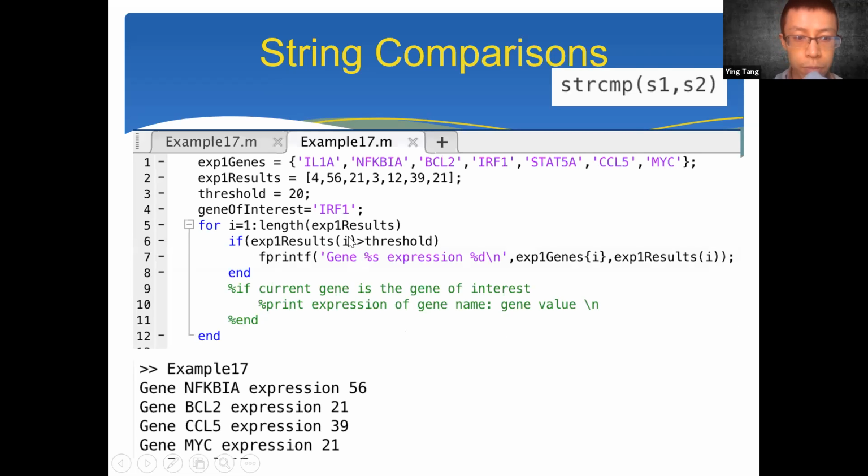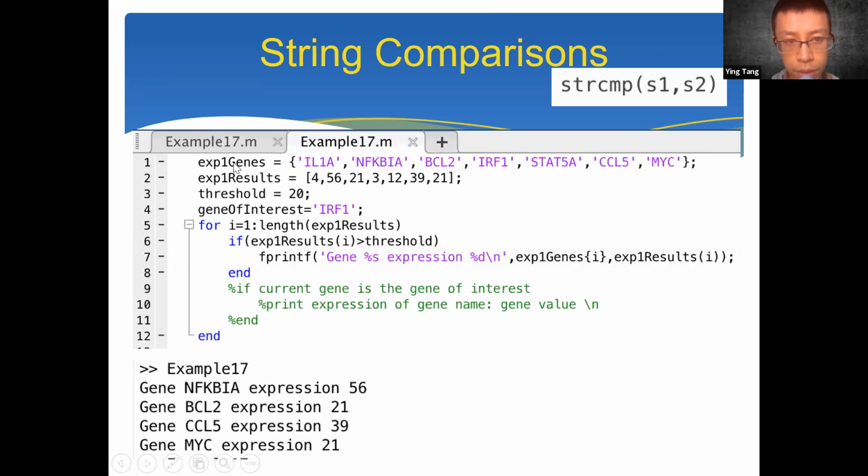So now, could you open example 17 in your folder? There is a task where you compare the gene list to see whether you have a gene called IRF1. This gene name is saved in a variable, gene of interest.